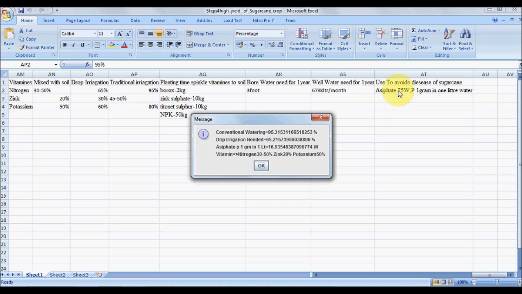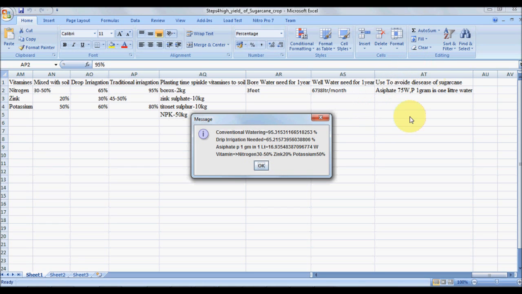Now look, normally, if you follow traditional agriculture, you would have used 75 ppm, but this particular predictive mining technique tells you exactly what percentage or quantity of Asiphate you should be mixing.